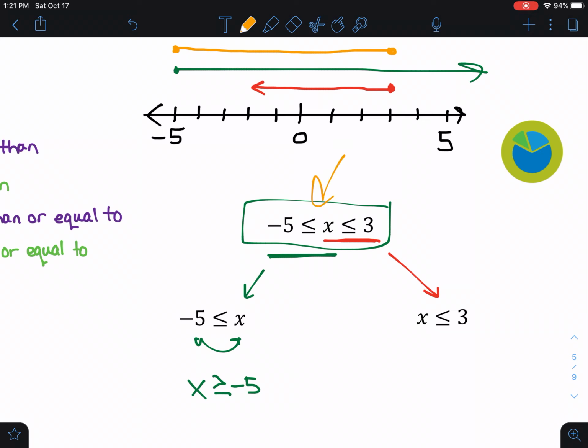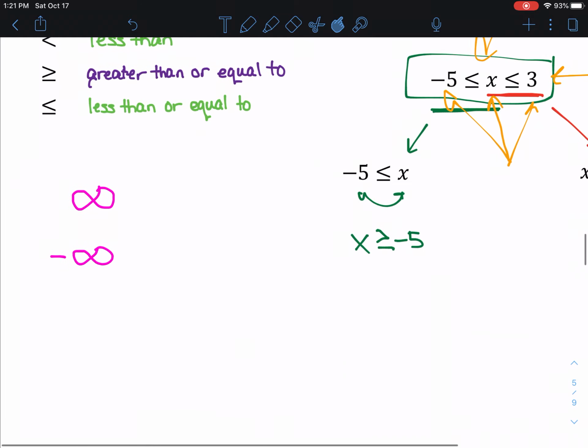So what this compound inequality really means is all numbers between -5 and 3, including -5 and 3. So everything in between those. So we're going to use this a couple of times and get used to writing compound inequalities. But again, it really just means x is everything in between. Now it's kind of written that way: x is in between these two numbers. And that's really what that means. Fancy way of saying that.